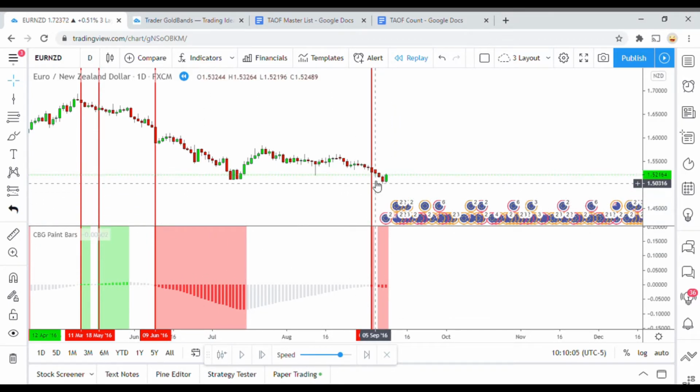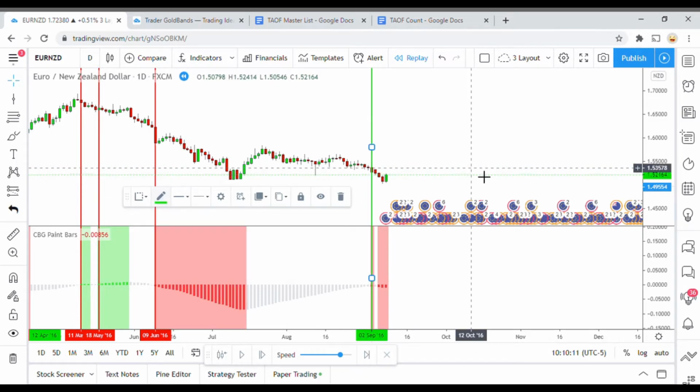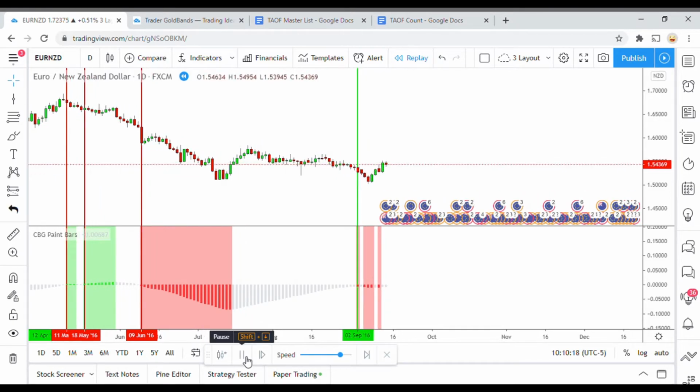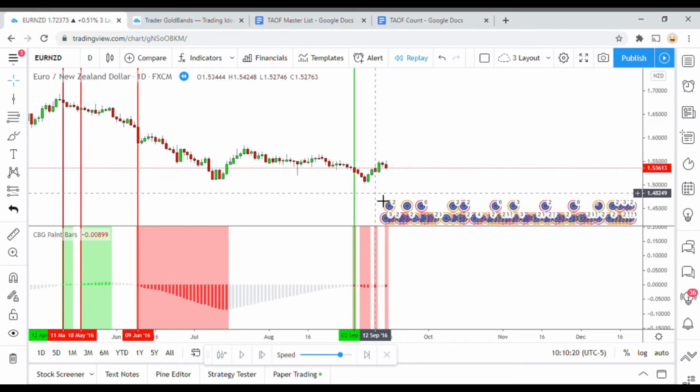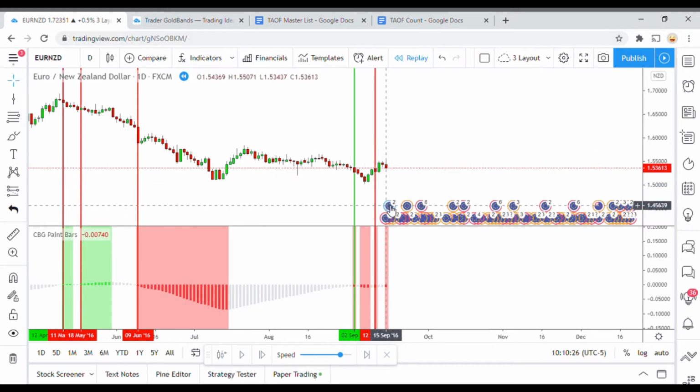Let's see. I'm not going to take this second one right here, because we would have still been in this trade when this second signal fired off. We did get a signal right here. That one didn't work out very well.